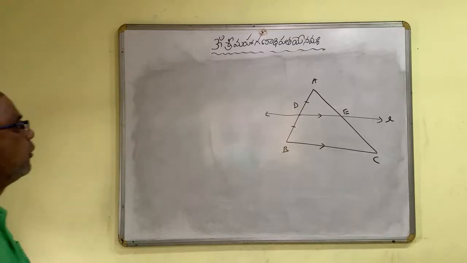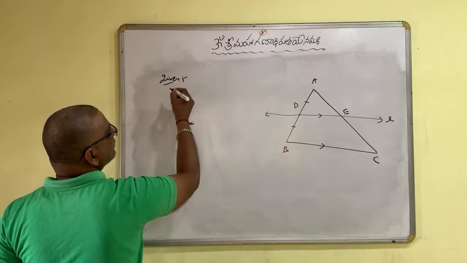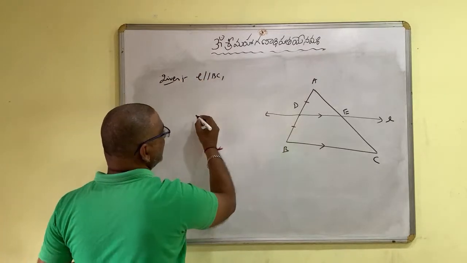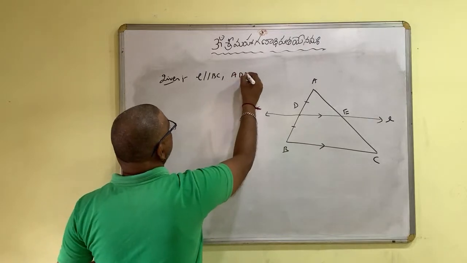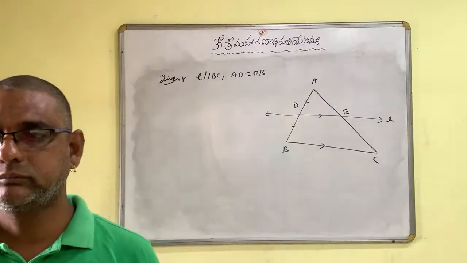And what do we have to prove? First, given: L is parallel to BC. Not only that, AD is equal to DB.